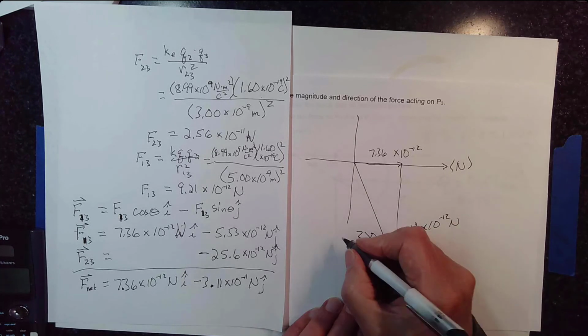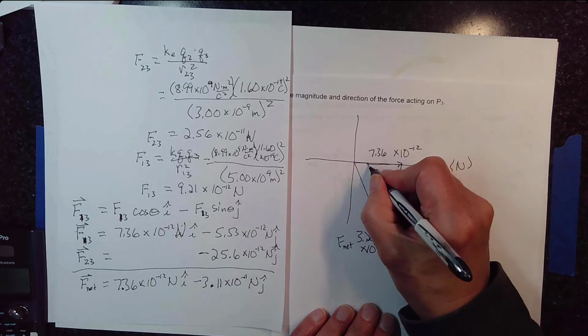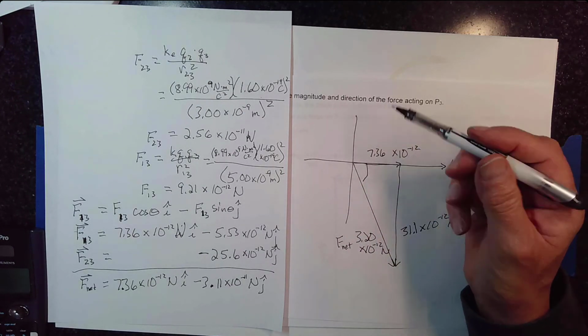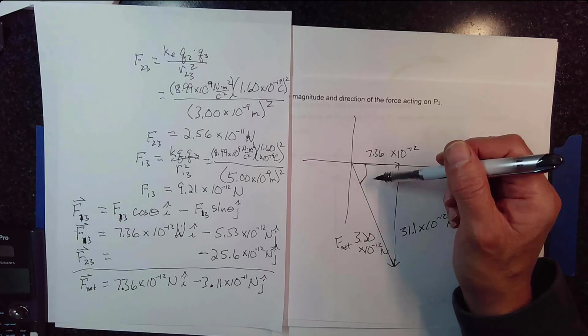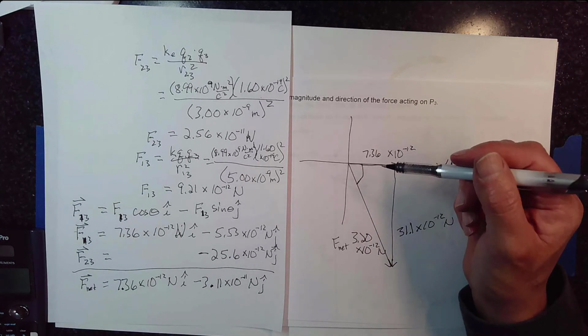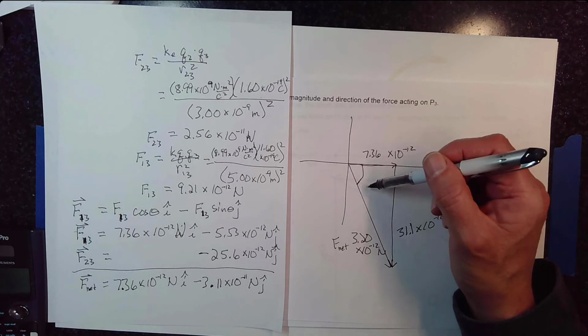So that's the magnitude of F net. And the angle looks to me like it's something bigger than 45 degrees here, and I'm just figuring out this thing positively. I'm not worried about a negative angle or anything like that. I'll just put a note on it, measured clockwise from the positive x-axis.